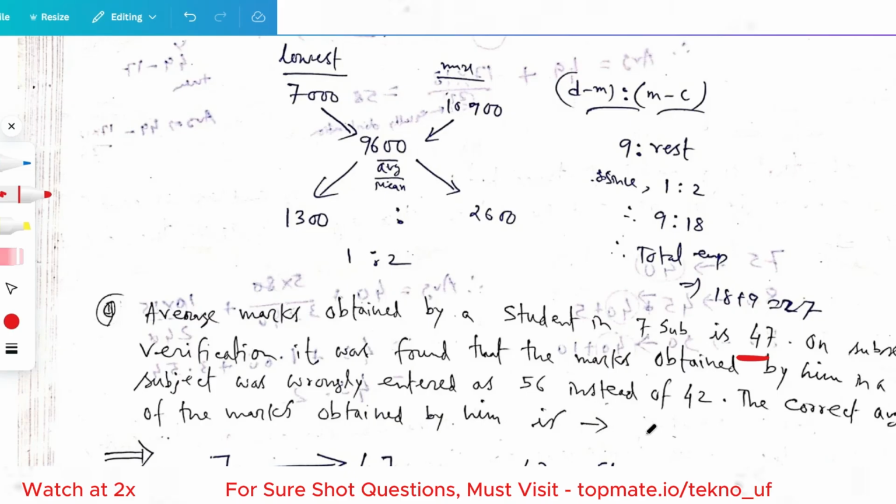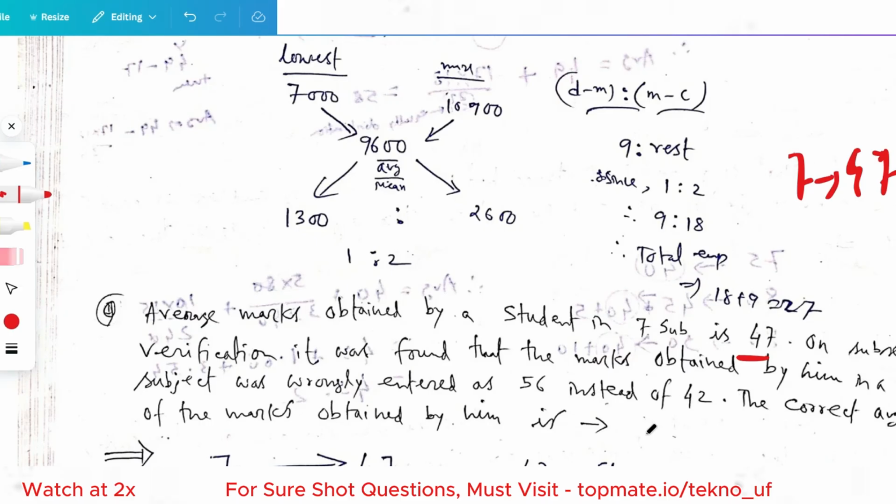So for 7 subjects the average is 47, right? So the difference is that instead of 42 they have written 56, okay. So the difference between the actual number and the written number, that is 56 minus 42, that is 14, okay.